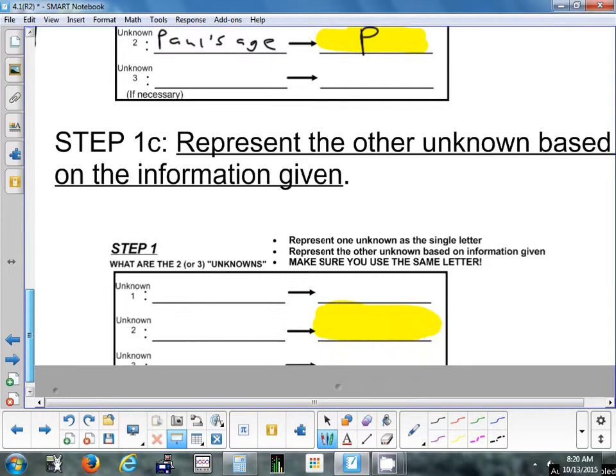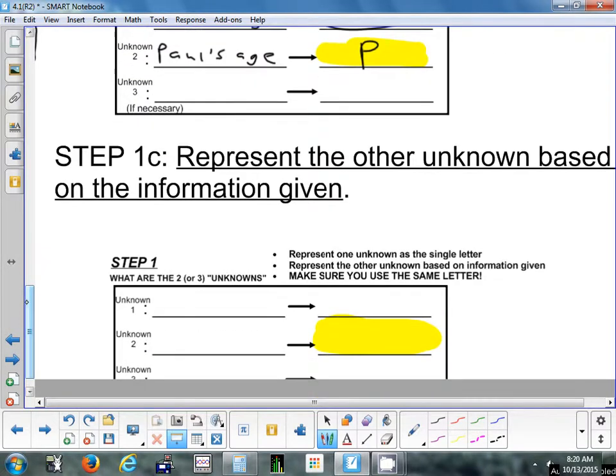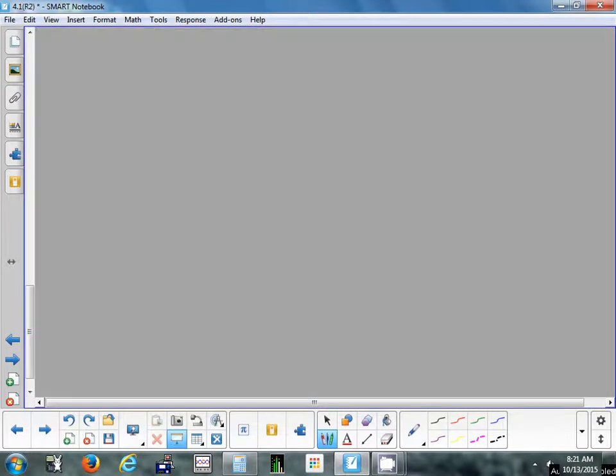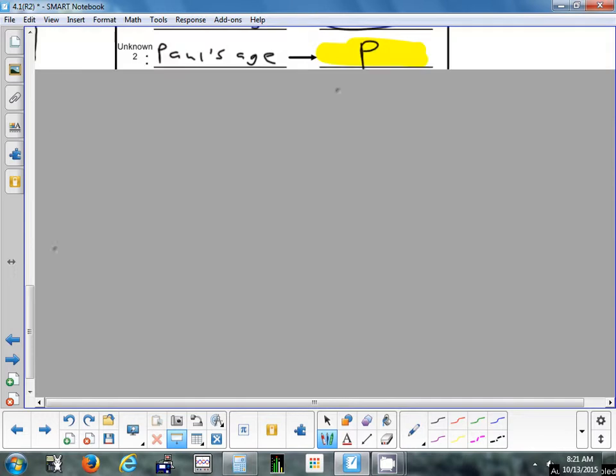So unknown 1, Jack's age. Unknown 2, that was Paul's age. Paul's age we represented as P. Now we're going to represent Jack's age.